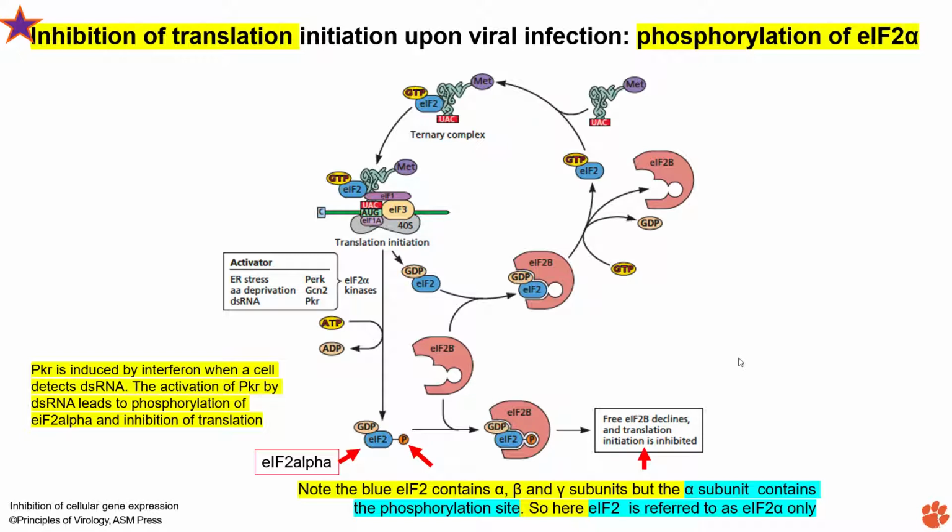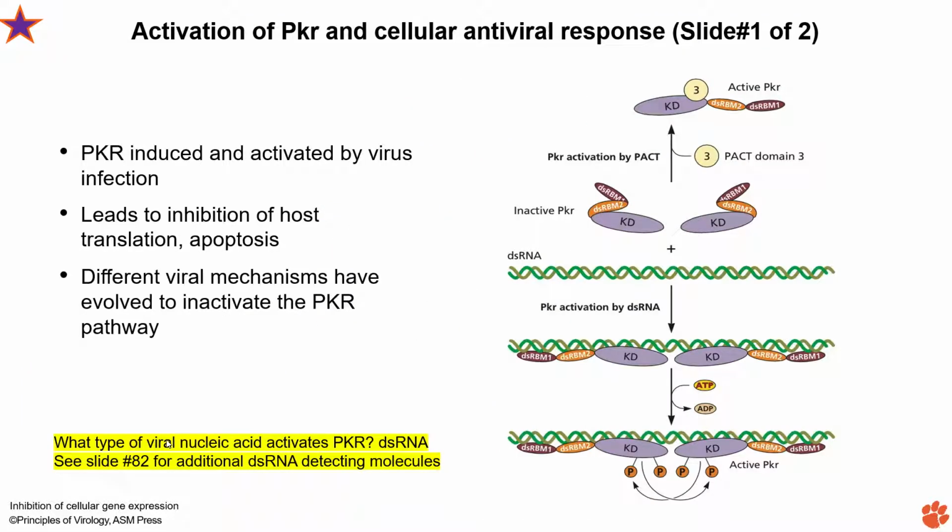It can be activated by dsRNA, double-stranded RNA, and then leads to the phosphorylation of, again, blank, and inhibition of translation. As soon as you see that, your second answer will be eIF2 alpha: activated by double-stranded RNA and leads to the phosphorylation of eIF2 alpha. So that kind of question can be asked, and you will see that you have a similar quiz question.